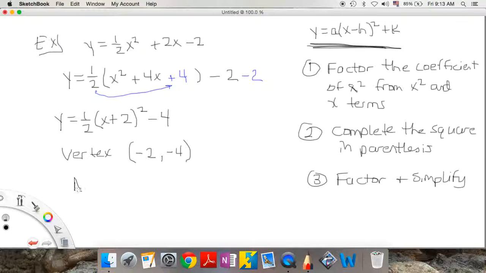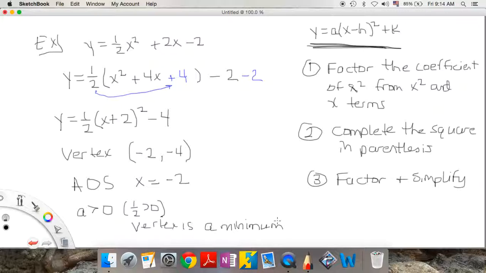My axis of symmetry is going to be x equals my h value. And my a is greater than 0 because it's 1/2, right? So the vertex is a minimum, which means it's a bowl. And it's 1/2, so it's small, so it's going to be kind of a wide bowl.